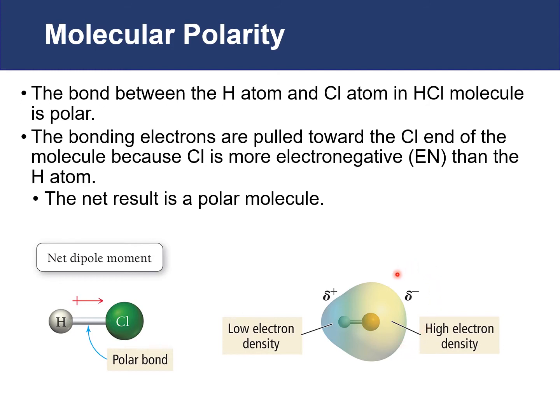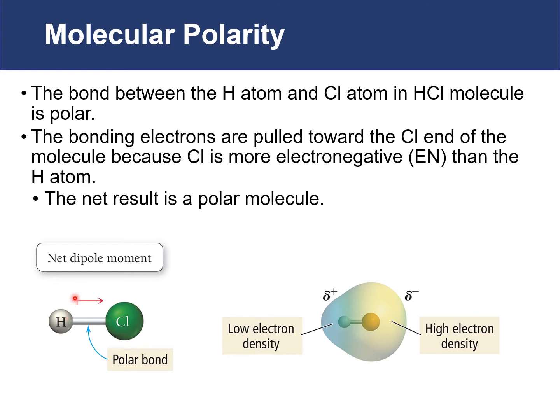We can represent this difference in electron density in a couple ways. One is by giving lowercase deltas, with a plus for the plus end and a minus for the negative end on the two ends of a bond in which there is a difference in the electron density. Another method is using arrows to show the directionality of the dipole.